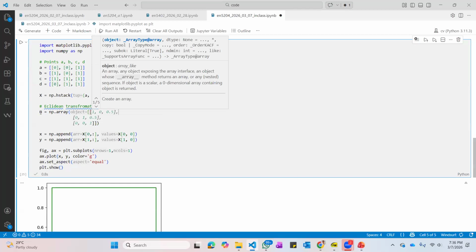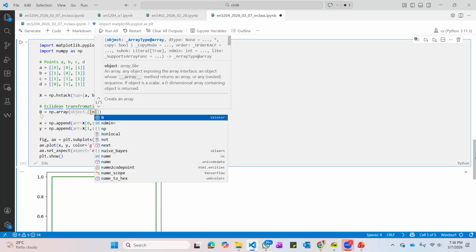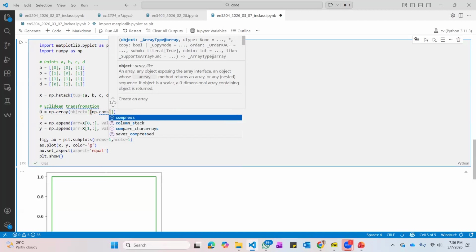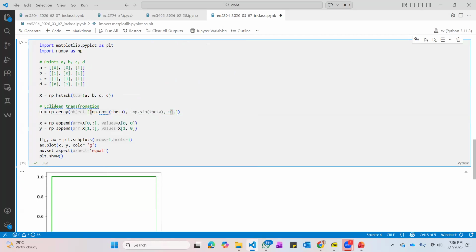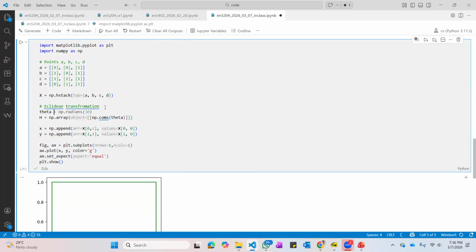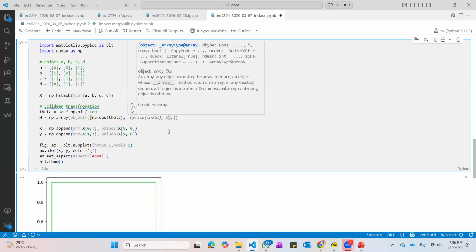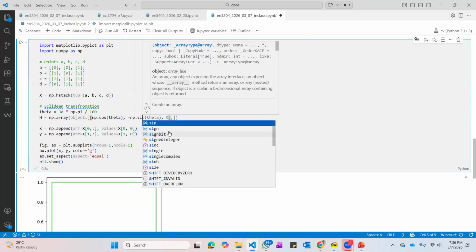I hope you remember that the first number turned out to be np.cos theta. Let's say theta is 30 degrees. So cos theta, and the second number is minus np.sin theta.